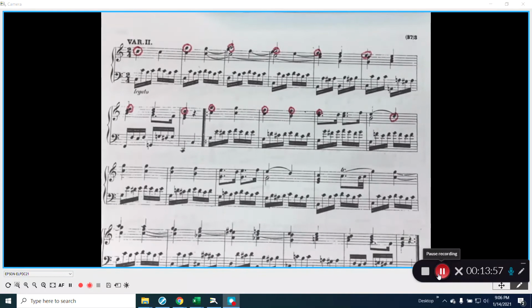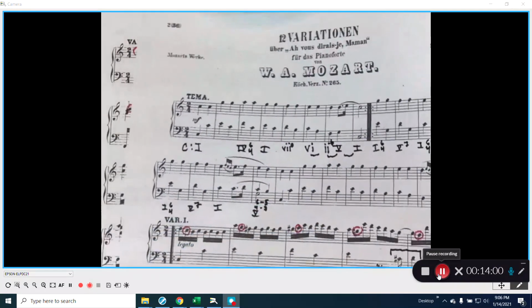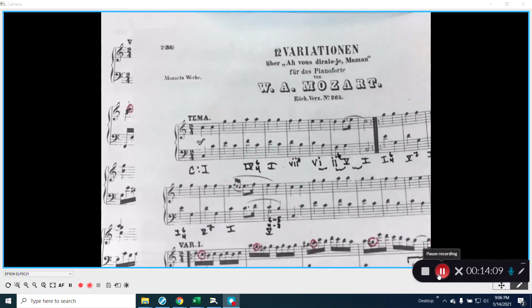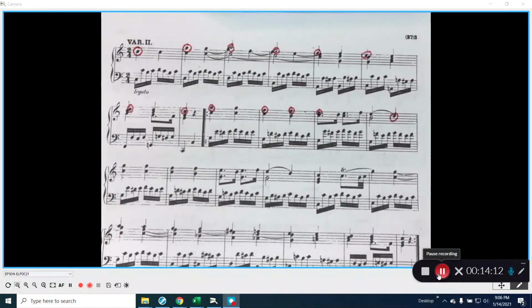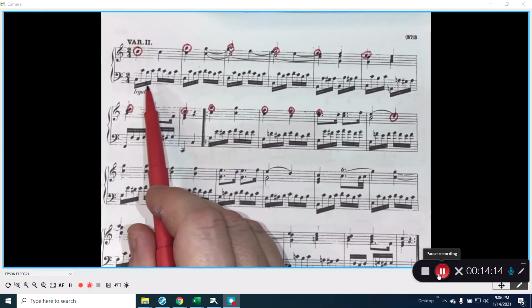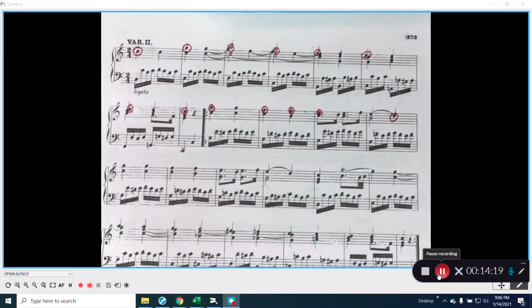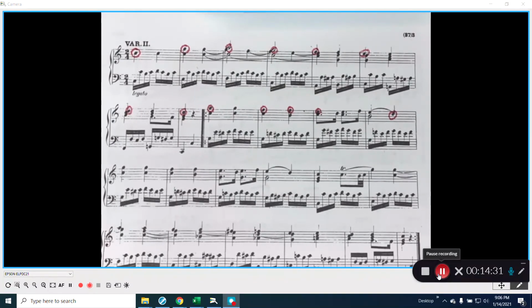Okay, so Mozart in this case is very cleverly using this motivic concept from variation 1, and he's reconstituting it as a change of accompaniment, almost an Alberti type figure in variation 2. This is typical that variations as they progress will build on each other and material will get passed from variation to variation.